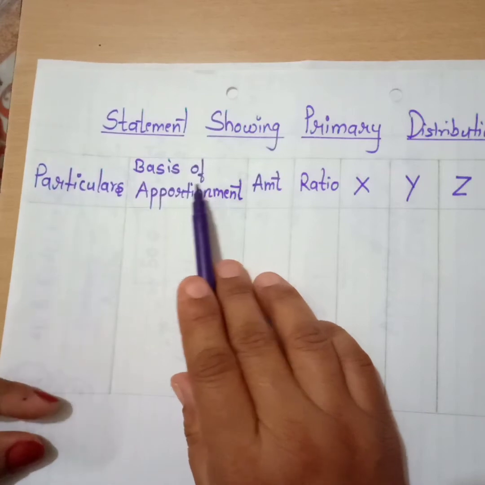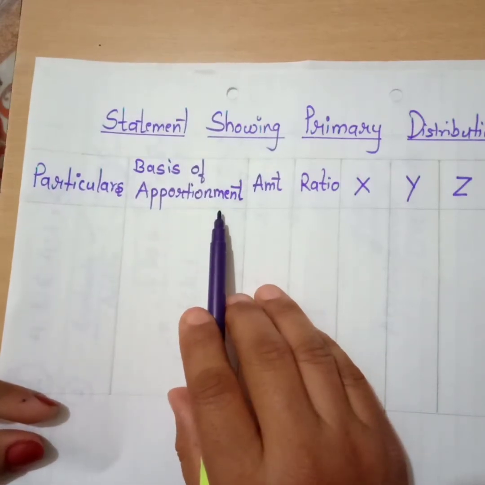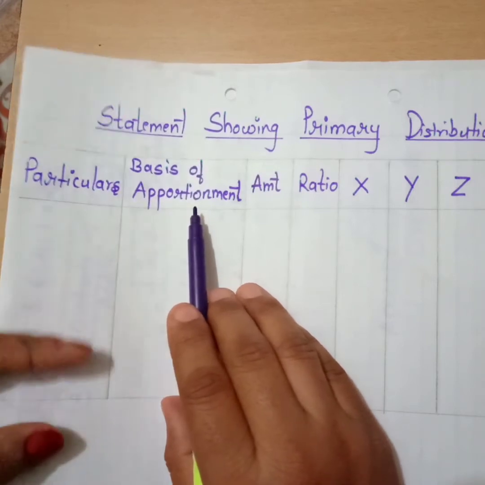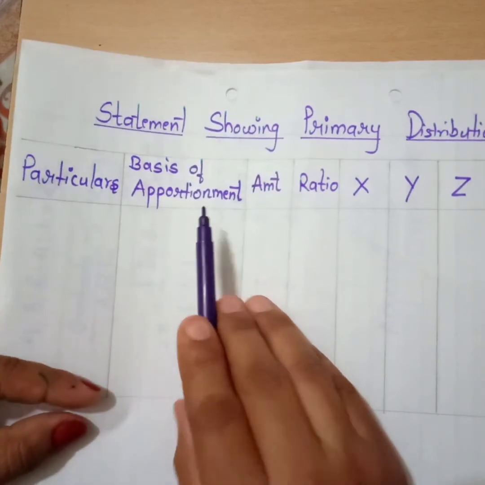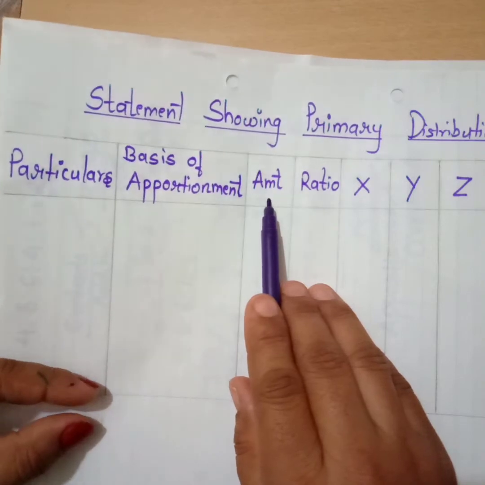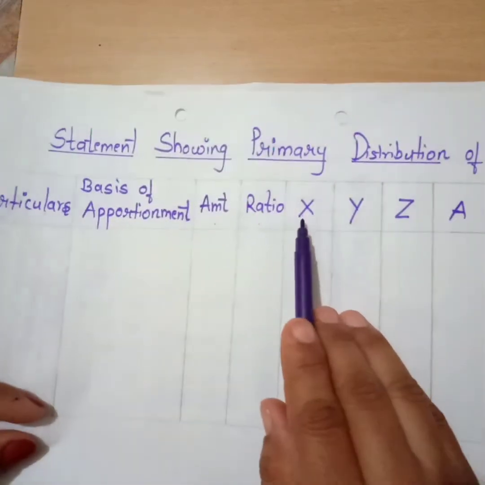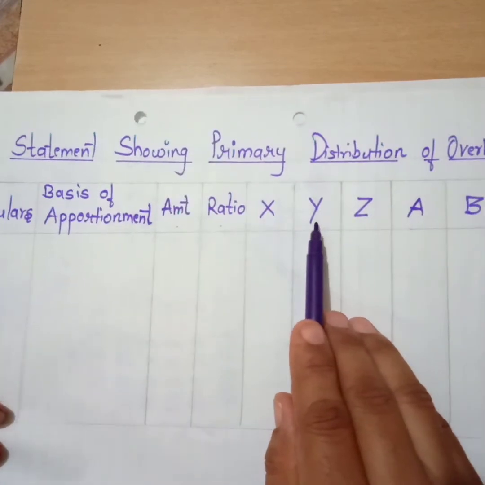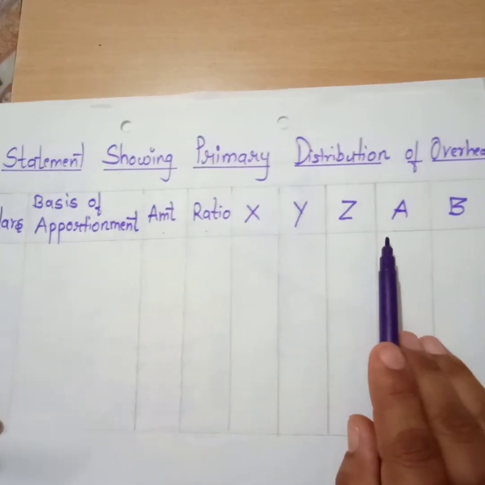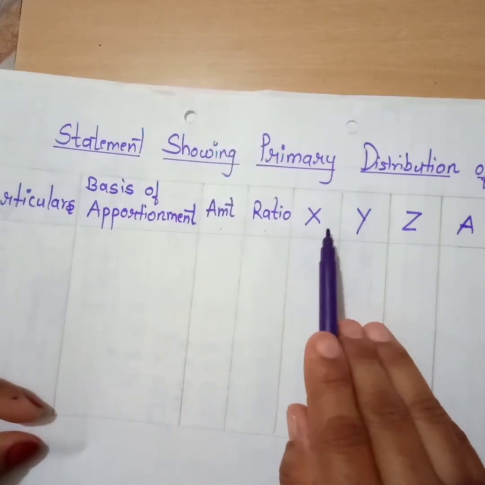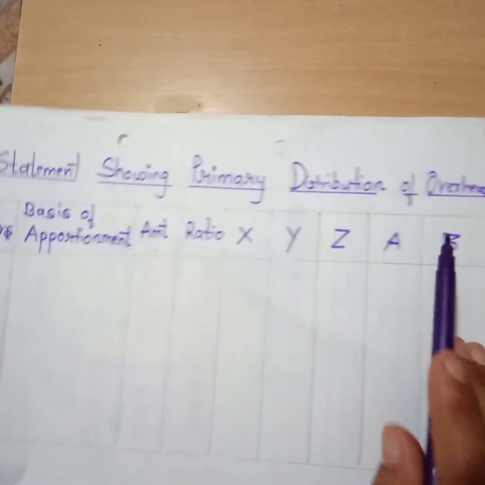Second column is basis of apportionment, meaning on what basis you are going to distribute your overheads. Next one is amount of overheads, then the ratio in which you are going to distribute it. Then department X, department Y, department Z, department A and department B. Production departments we will write first, then service departments.